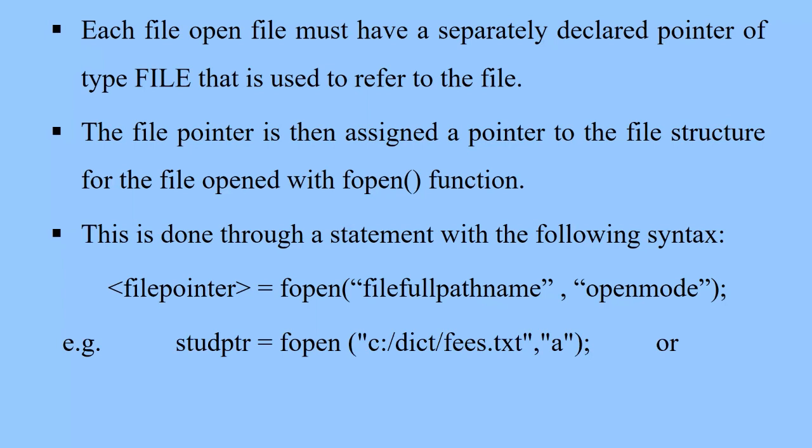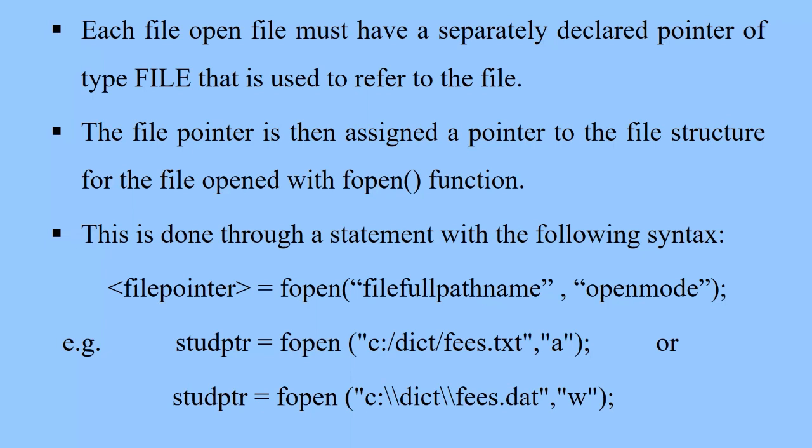In other words, we are opening a text file called fees, that is stored in a subdirectory called dict, which is in the main directory or the root directory, which is the hard disk. And fopen is the function for the same, and then we assign that to a pointer, that is a file pointer.